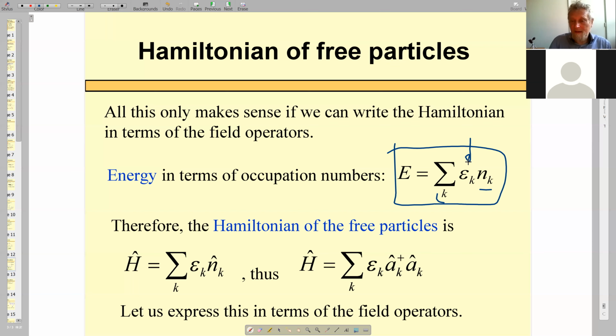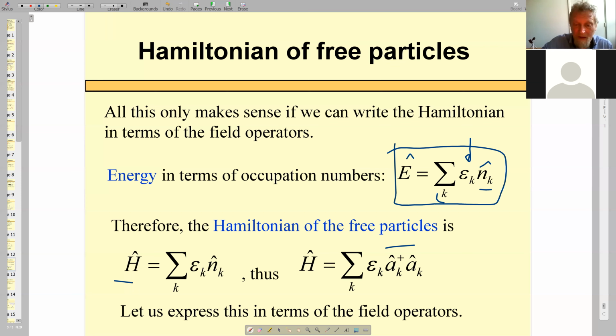Fine. Now let us quantize this. Let us replace these numbers with operators. So energy becomes Hamiltonian. And the occupation number as an operator, luckily enough, I can express with the help of creation and annihilation operators.